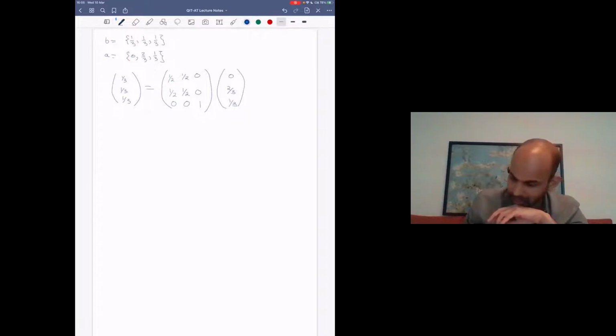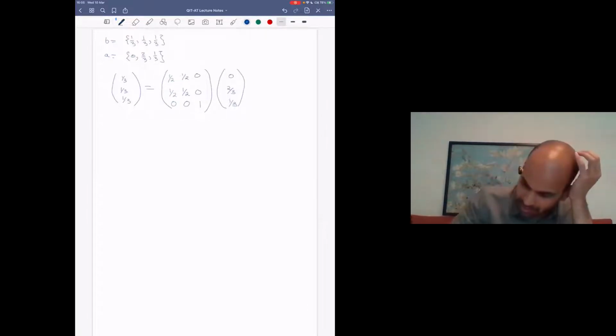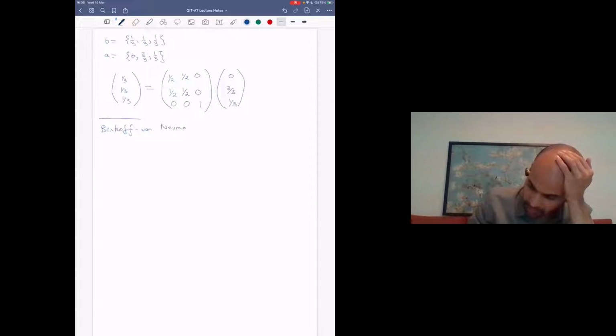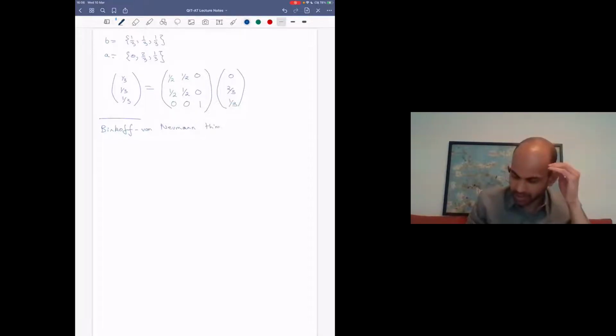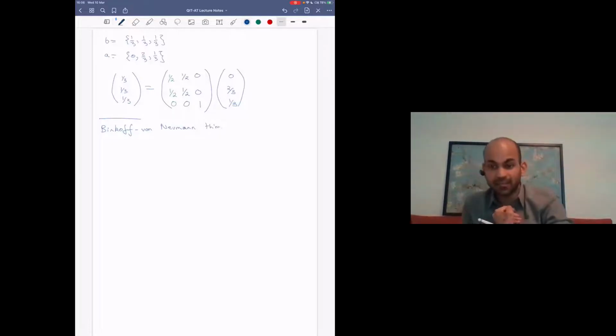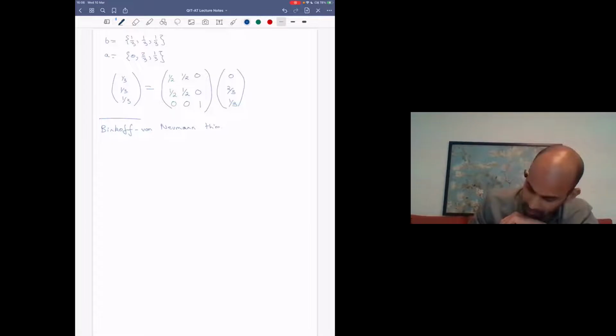Right. The reason that doubly stochastic matrices are quite simply understood as mixtures is from the following theorem. And this is now the Birkhoff-von Neumann theorem. And that one says that every doubly stochastic matrix can be understood as a convex combination of permutations.